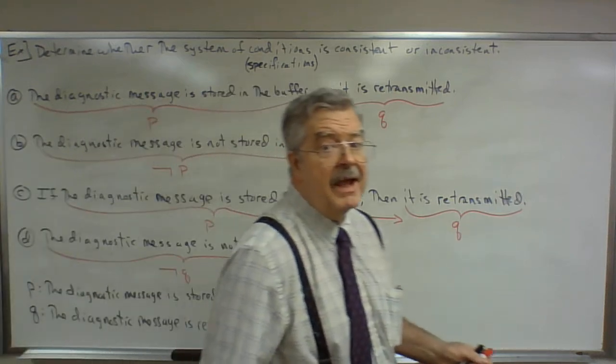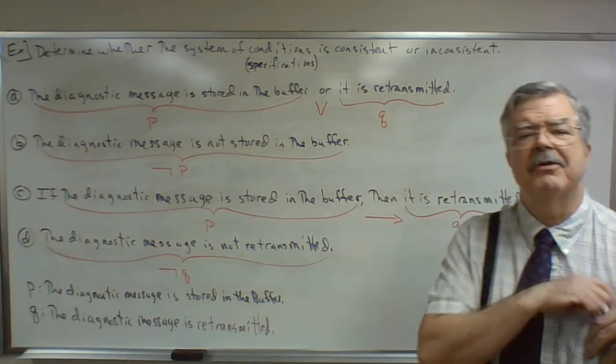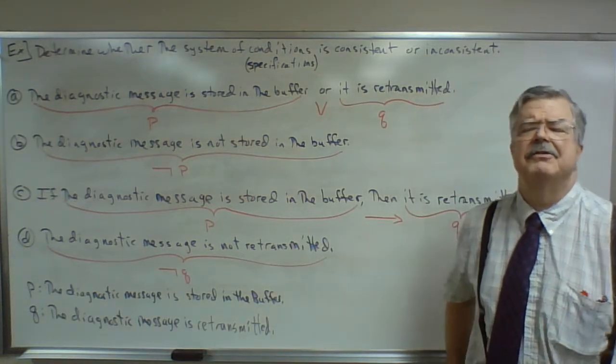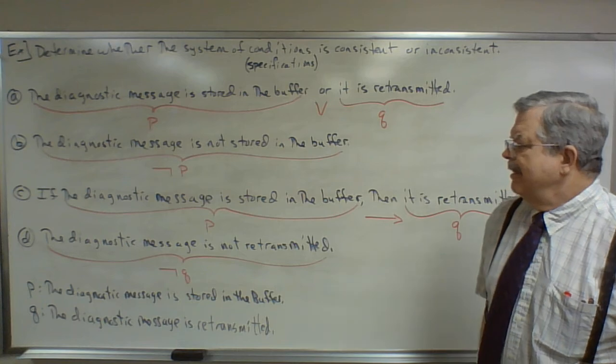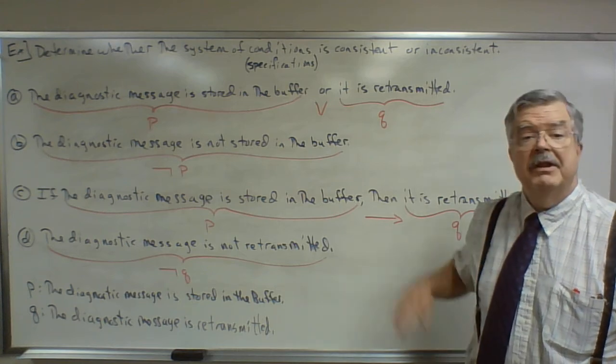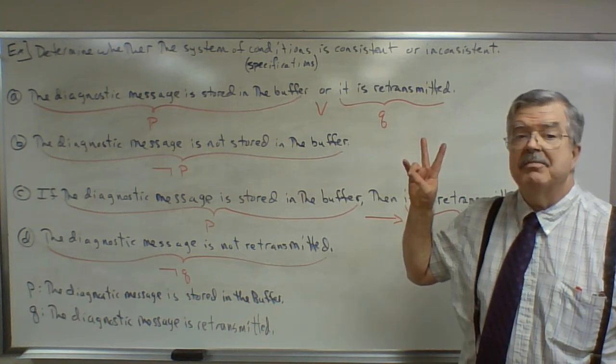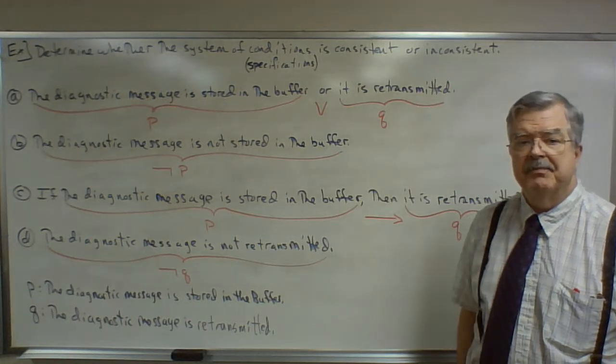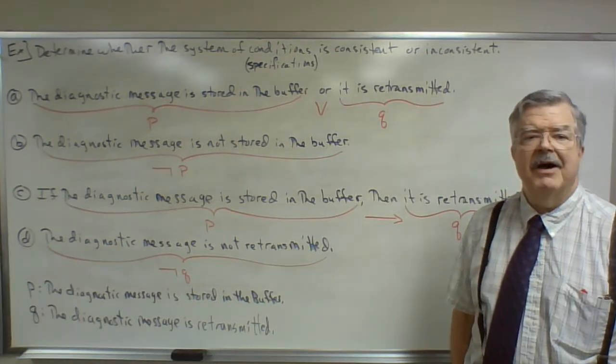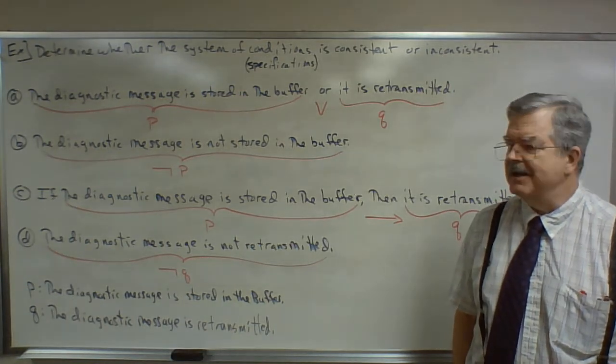So again, we have a system of conditions or a system of specifications made up of only two simple statements, P and Q. And that's fine. We don't want to get too complicated.